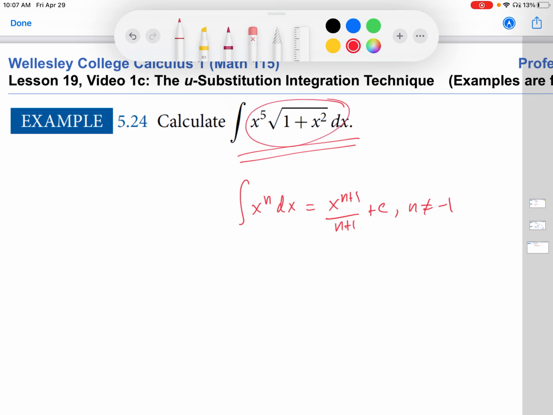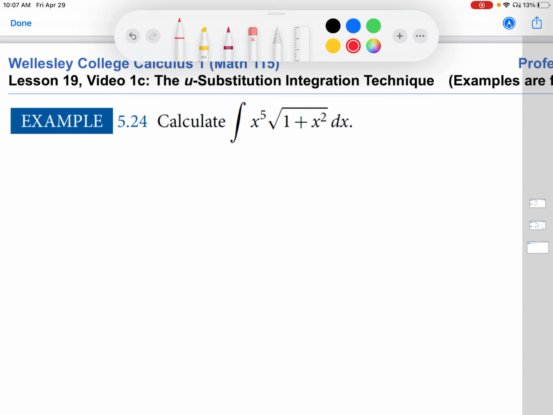But this is not that type of integrand. There's also no other simple integral result that we know of that helps us here. So integration by u-substitution is the first technique you try if none of those simpler ways work out.